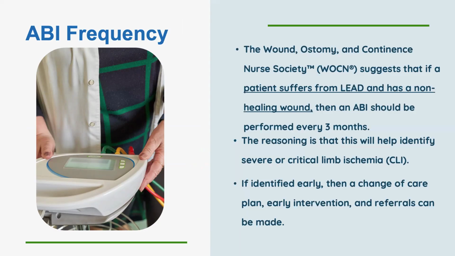The reasoning is that this will help identify patients at risk of developing critical limb ischemia, and see if the disease is progressing. Because if you identify that early, you can change the plan of care, seek referral, and hopefully save a limb.